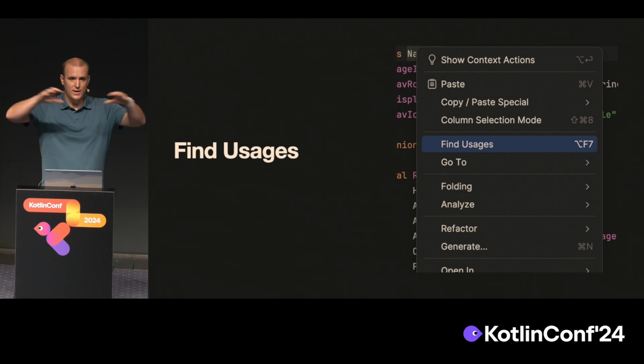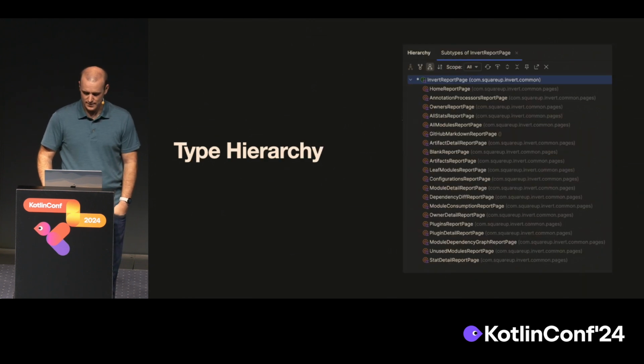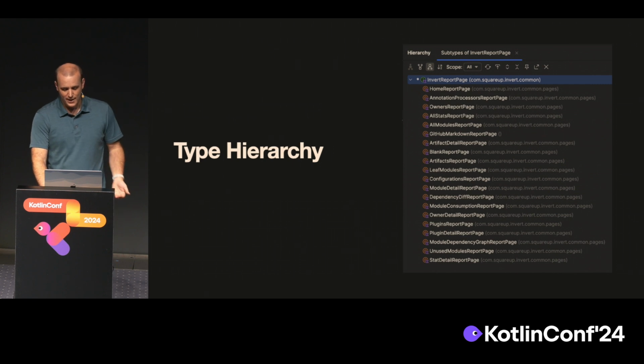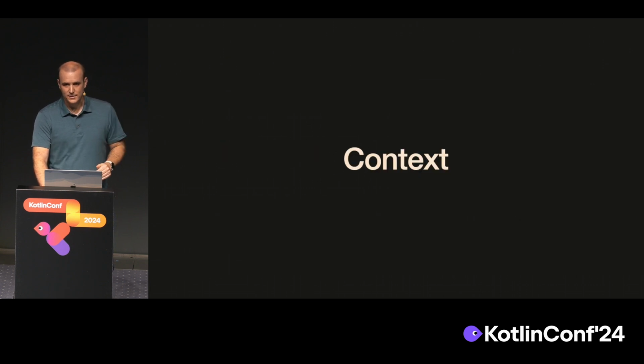We can use all of that related information to do really cool features like refactoring. We can view type hierarchy, code structure, what public methods are there, what variables are defined. All of these things are powered by context.